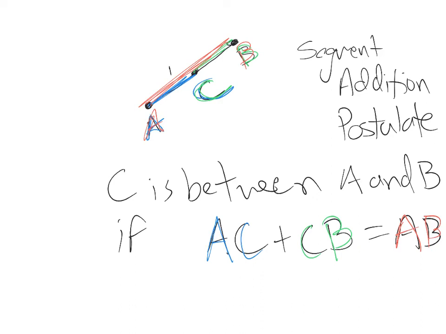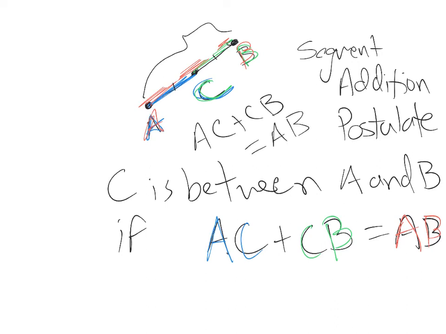Which it's obvious here that that is the case, and we could even put in our tick marks, which we just talked about, to say, yep, those are, oh, sorry, no, tick marks don't go there. We don't actually know that they're equal. What we know, though, is that the sum of these two, AC plus CB, is equal to, is congruent with AB, which makes sense.